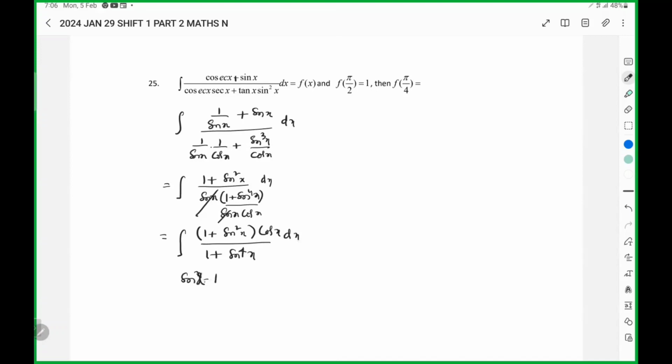Take sin x as t, cos x dx will be dt, which is 1 plus t square dt by 1 plus t power 4.